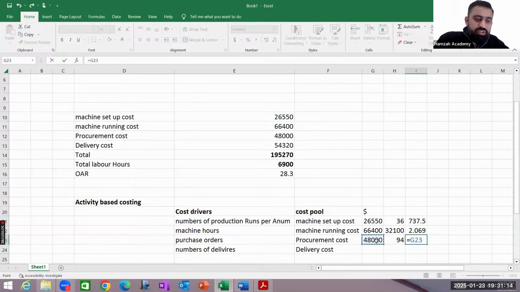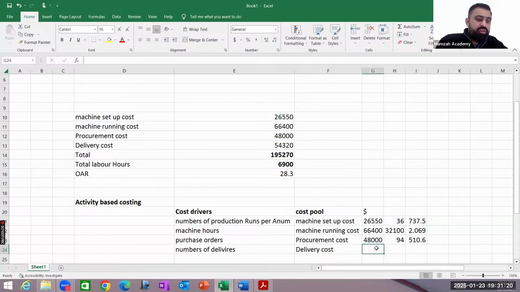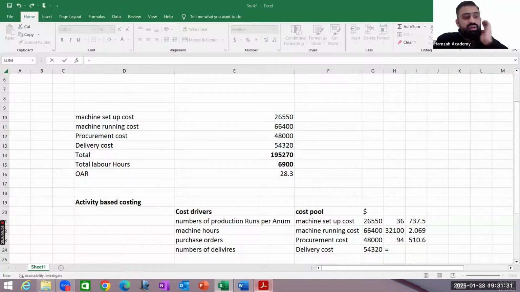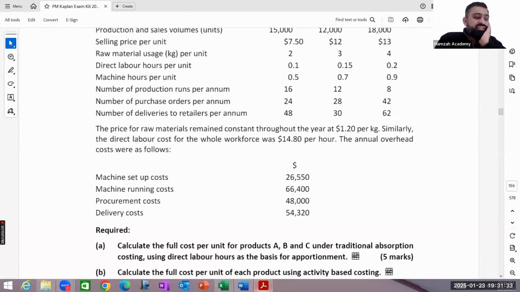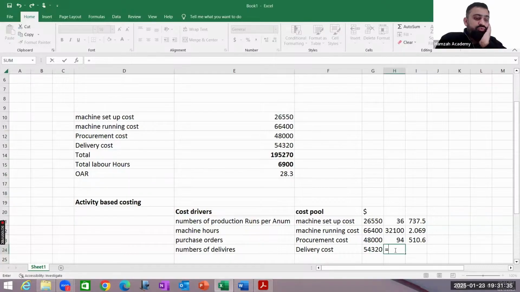And the cost per cost driver will be 510.6. And for deliveries, the total cost is 54,320, and the cost driver will be the number of sale orders. Those are 48, 30, and 62. 48 plus 30 plus 62.